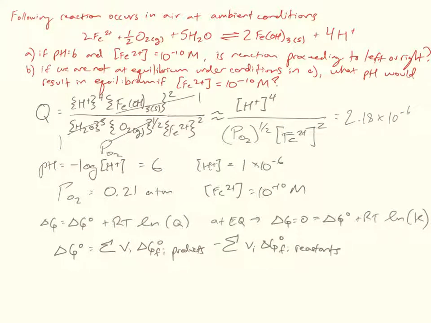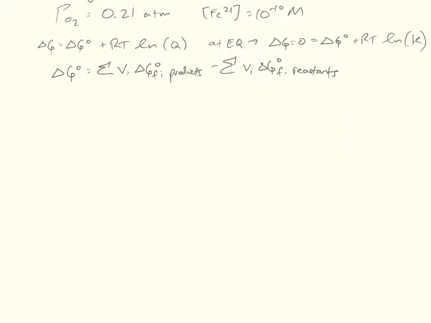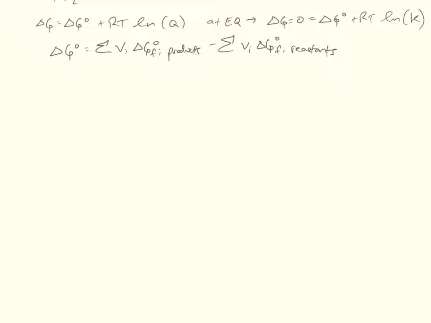So I'm going to scoot this up here, and I'm going to start tabulating my free energy of formation of my products and reactants. I've got Fe2 plus, O2 gas, H2O liquid, FeOH3 solid, and H plus.